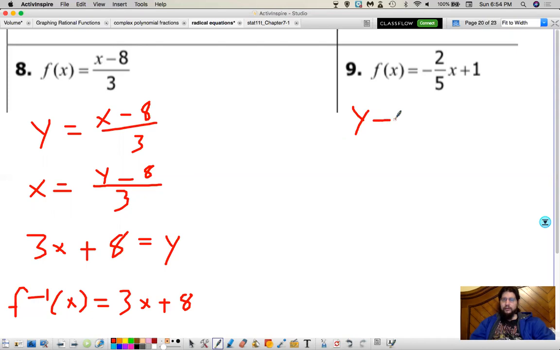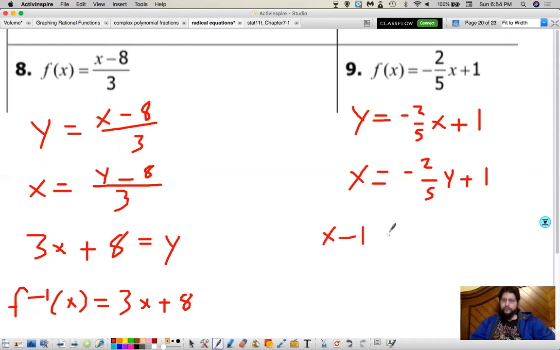All right. Y. Swap it. Subtract 1. So now you can either multiply 3 by 5 and then divide by -2, or multiply both sides by -5 halves, your choice.